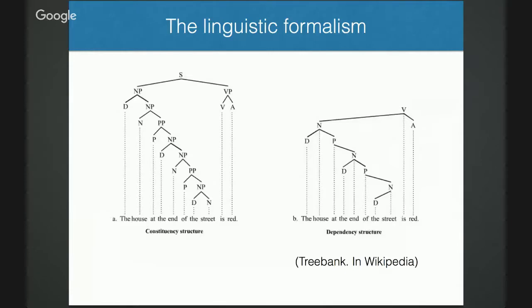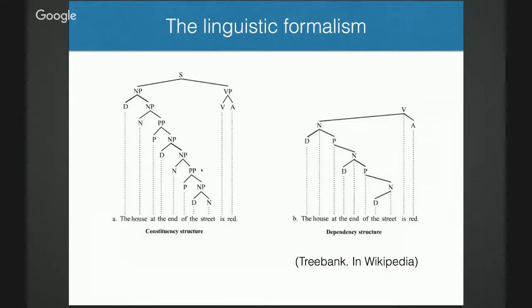I'm not expecting that you understand everything right now, but the point is, if we take the same sentence, for example, the house at the end of the street is red, we can annotate it in a different way.